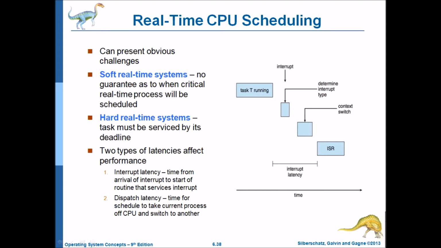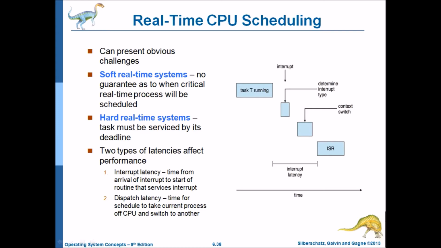They guarantee only that the process will be given preference over non-critical processes. When this happens, they have degraded performance if their timing needs cannot be met. An example of this would be streaming video.